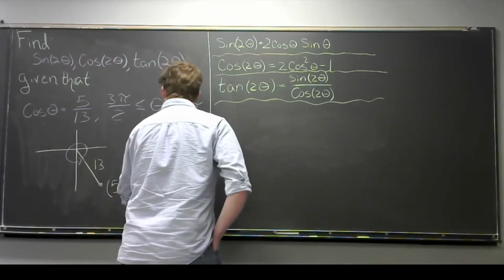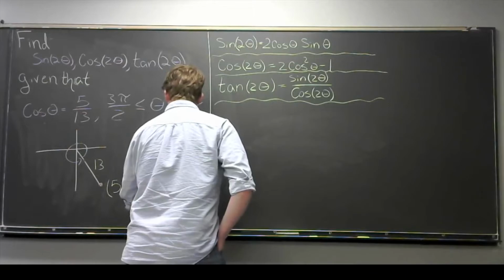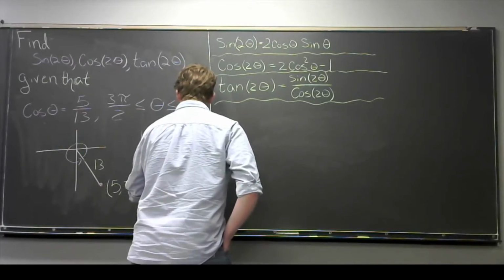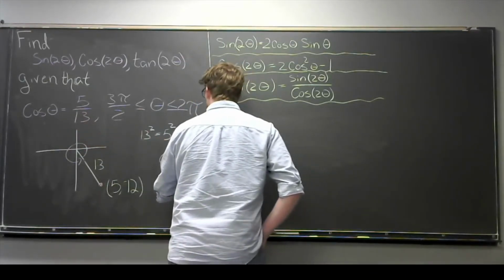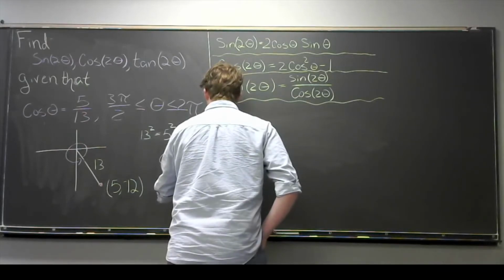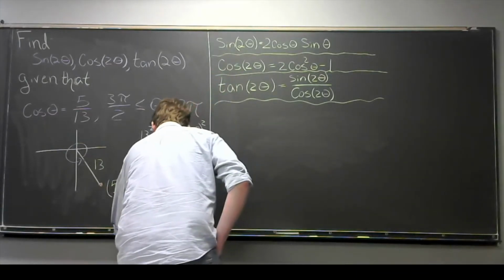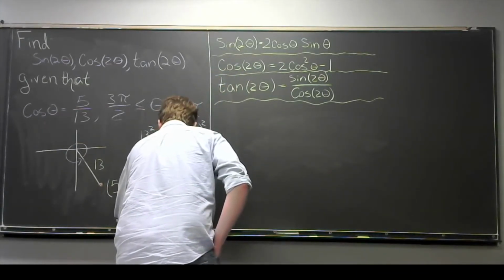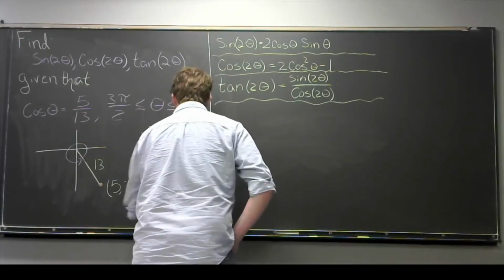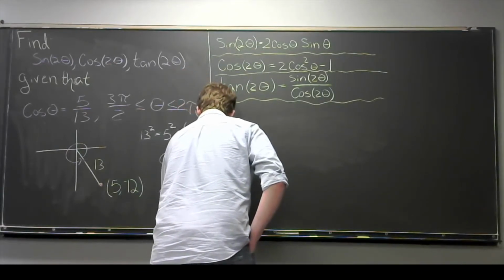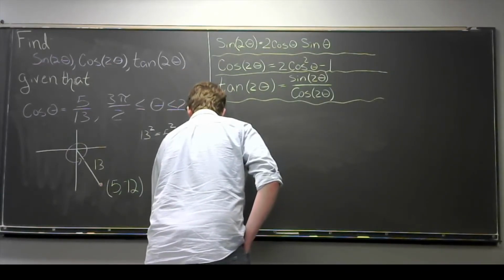We know that cosine of theta, that was already given, is 5 over 13. And from this we can see that the sine of theta is going to be negative 12 over 13.